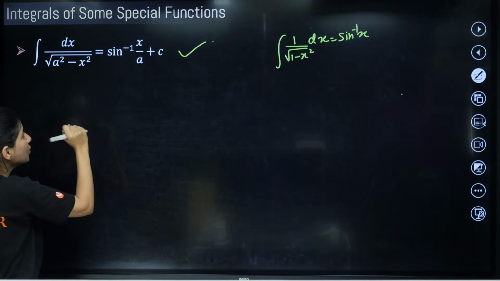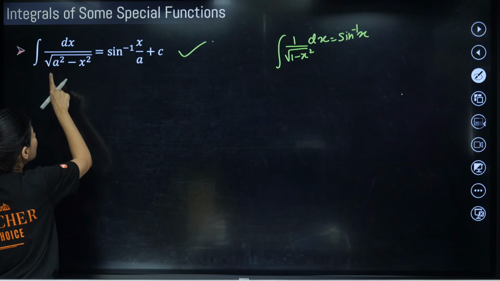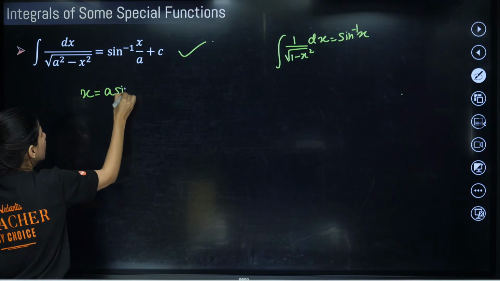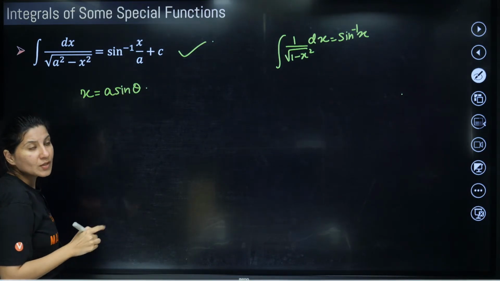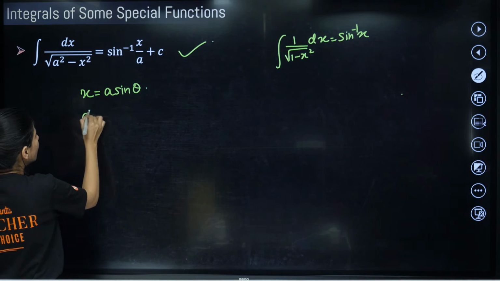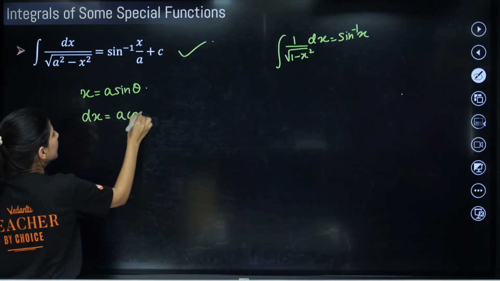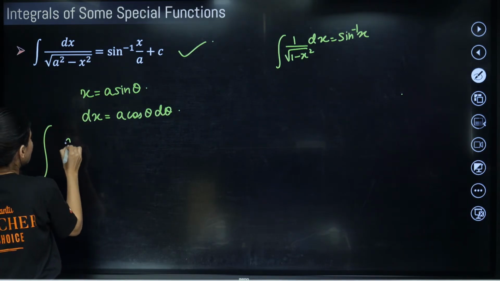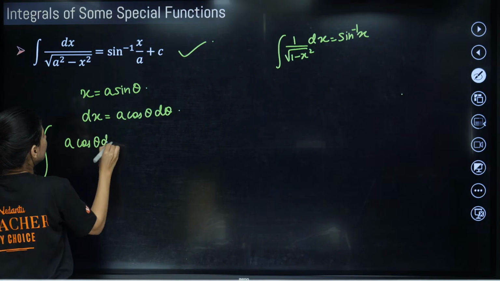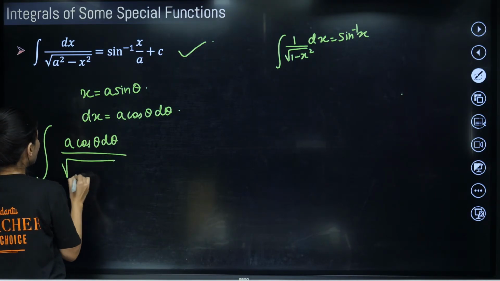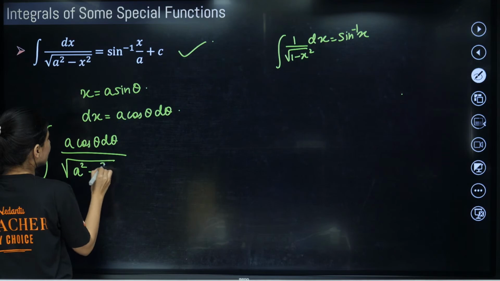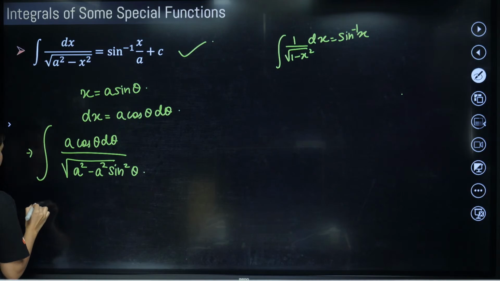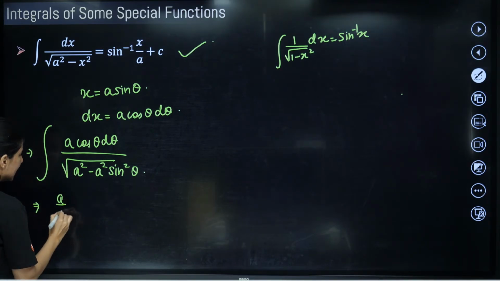So how to solve it, how to get this? The moment you see a square minus x square, put x equals a sine theta. The moment you put x equals a sine theta, dx will be a cos theta d theta. Correct? Now the integral of dx will be a cos theta d theta upon square root of a square minus a square sine square theta. If you take a square common, then a will get cancelled out, so basically a by a.